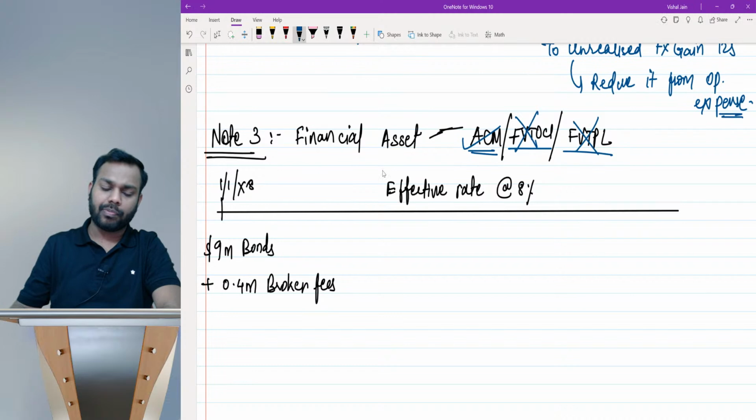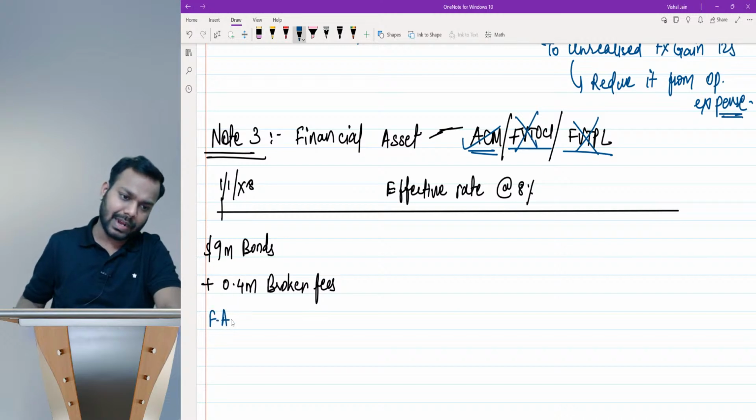Now, in the amortized cost method, tell me what is the entry that will pass on the date when we purchase the instrument? The entry will be financial asset account debit to bank.